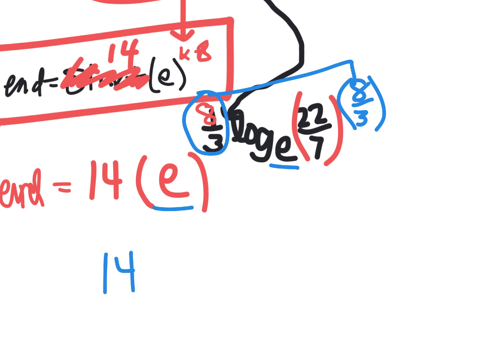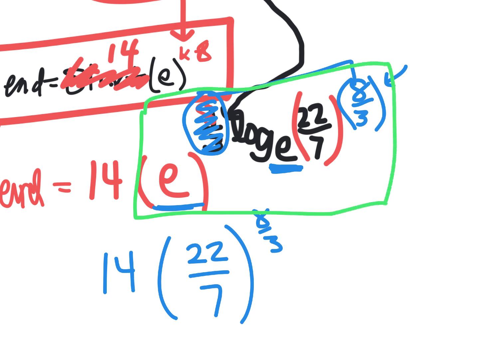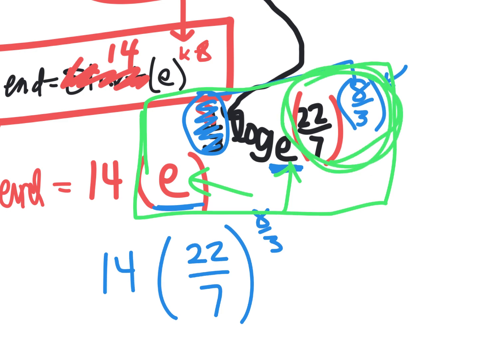But he noticed that these bases are the same. And so if we move this as a power up there, then all of this just becomes 22/7 to the 8/3. Why? Because E, log base E, is one of those patterns where if the bases are the same, then the answer's right here. Will we get a calculator this test?